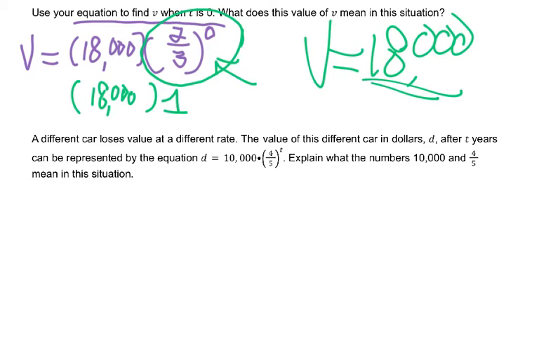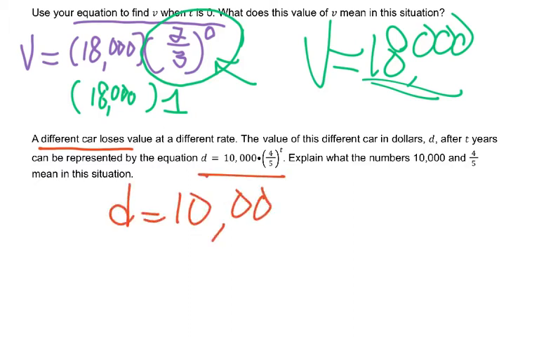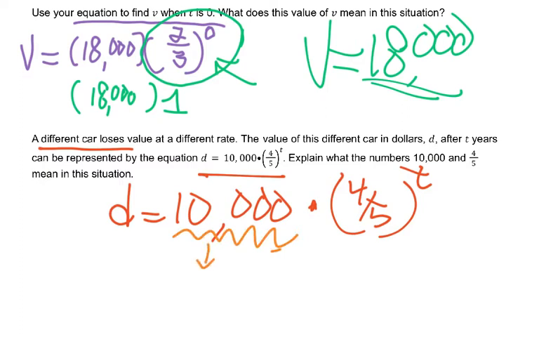All right. The last piece is now I've got this new situation right here. A different car. This car lost money at a different rate. Here's an equation. I'm given this equation of D is equal to 10,000 times 4/5 raised to the value of t. We're supposed to explain, what does 10,000 and 4/5 mean? Well, I'm hoping you're yelling at the computer now and saying, Mrs. Hennefarth, I know 10,000 is how much the car was worth originally.